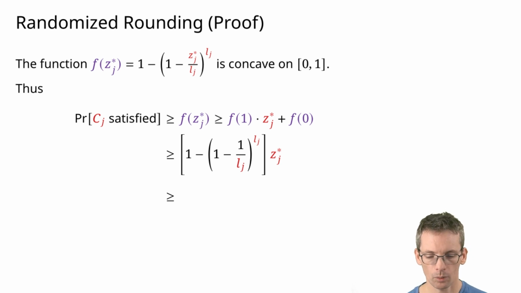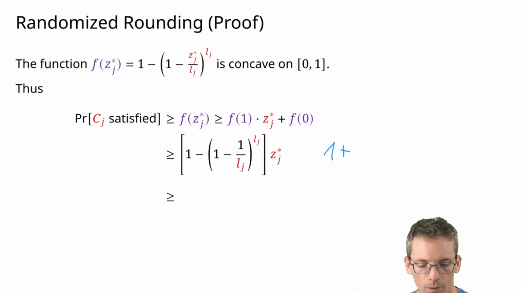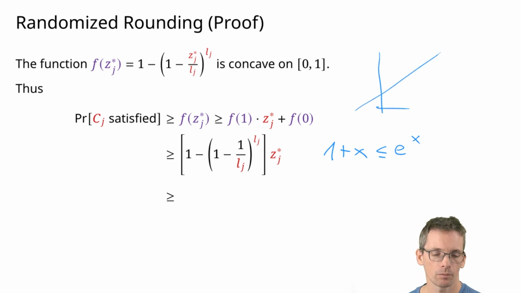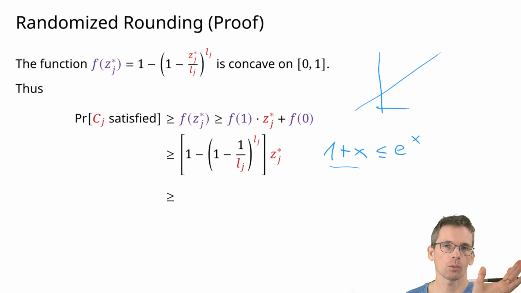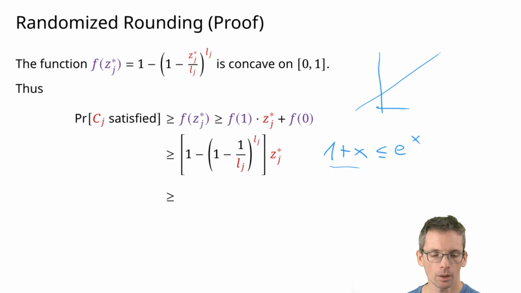And now I'm going to make use of the following very often very useful inequality, namely that 1 plus x is smaller equal e to the x. So let me draw this here. This is 1 plus x, so simply a line of slope 1 through 0, 1, and e of x looks somewhat like this. So it should have been tangent here.